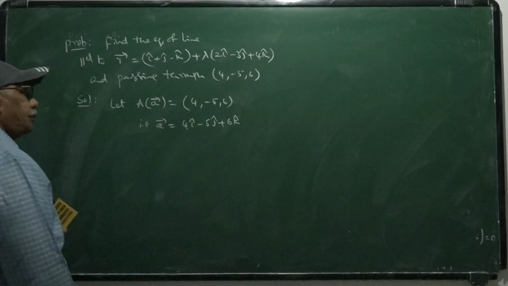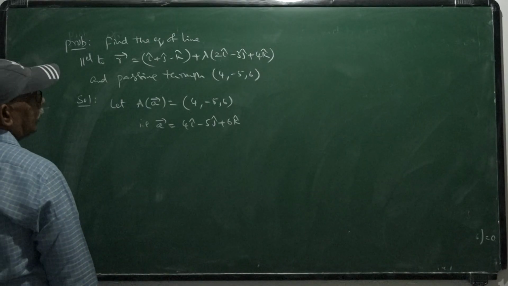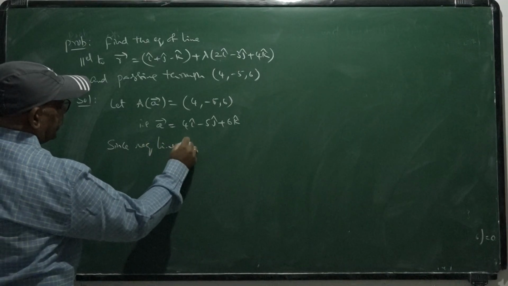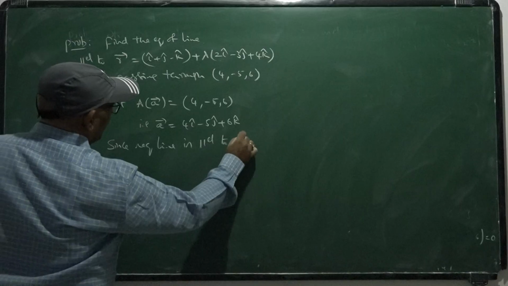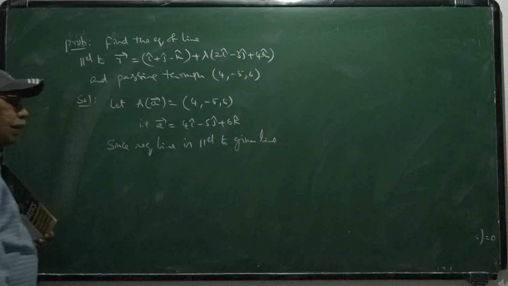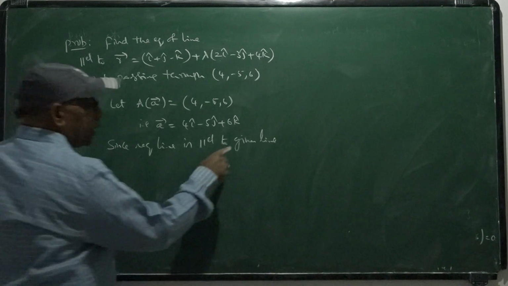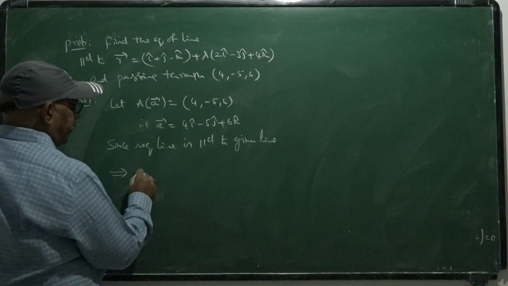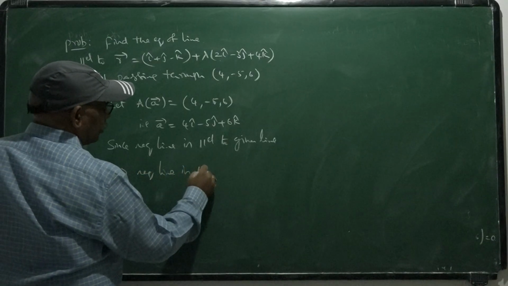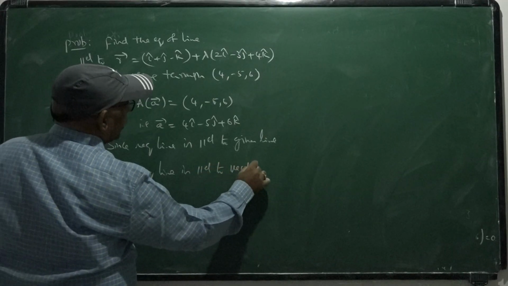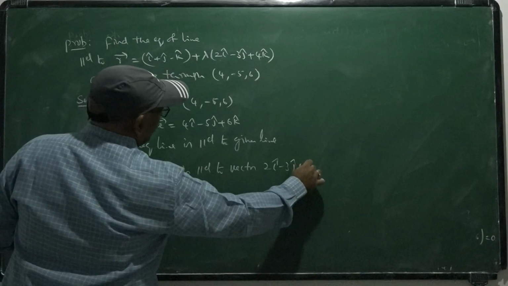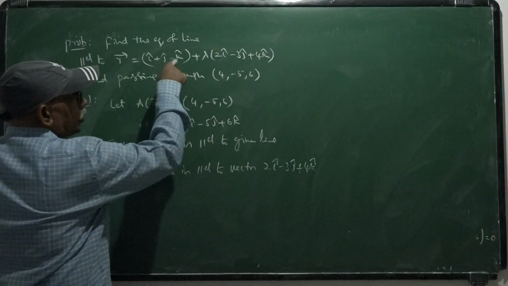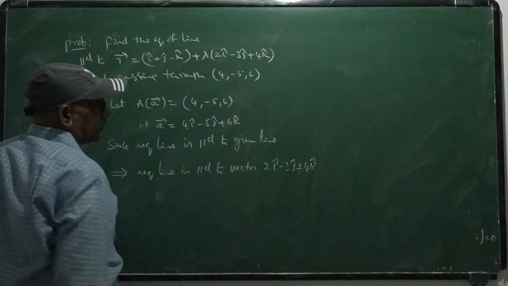Since the required line is parallel to the given line, whereas the given line is parallel to this vector, that implies the required line is parallel to the vector 2i minus 3j plus 4k, because the required line is parallel to this vector.